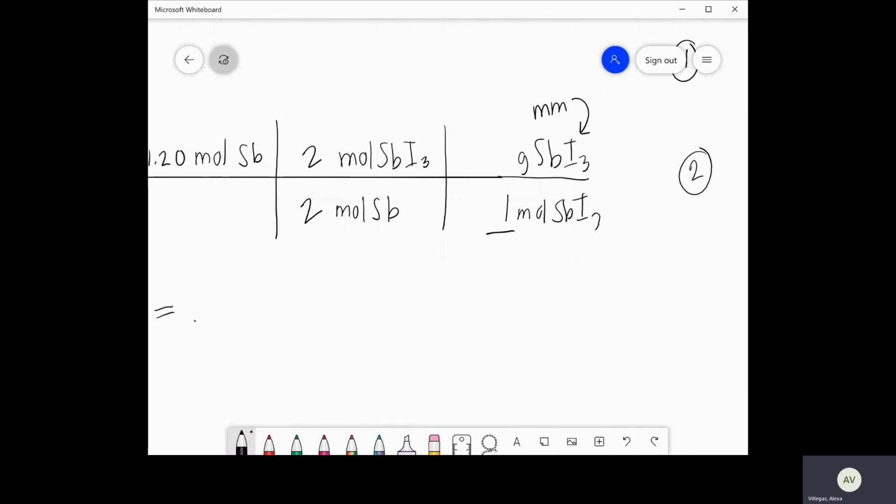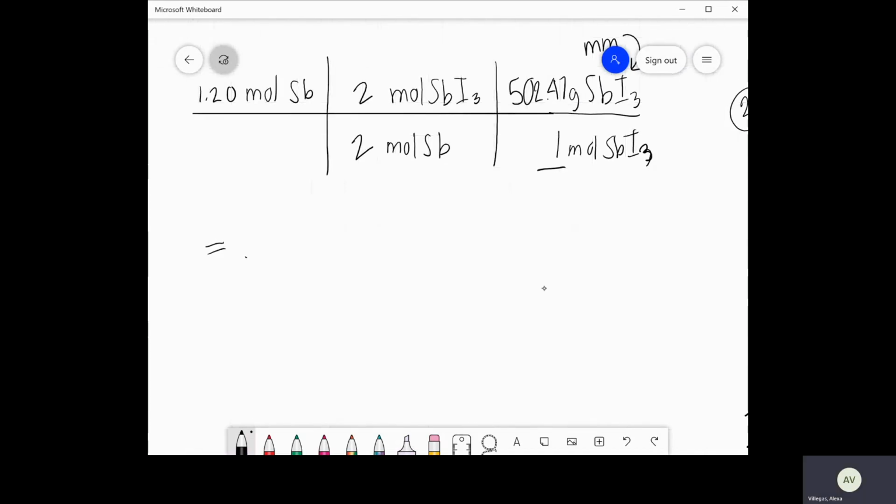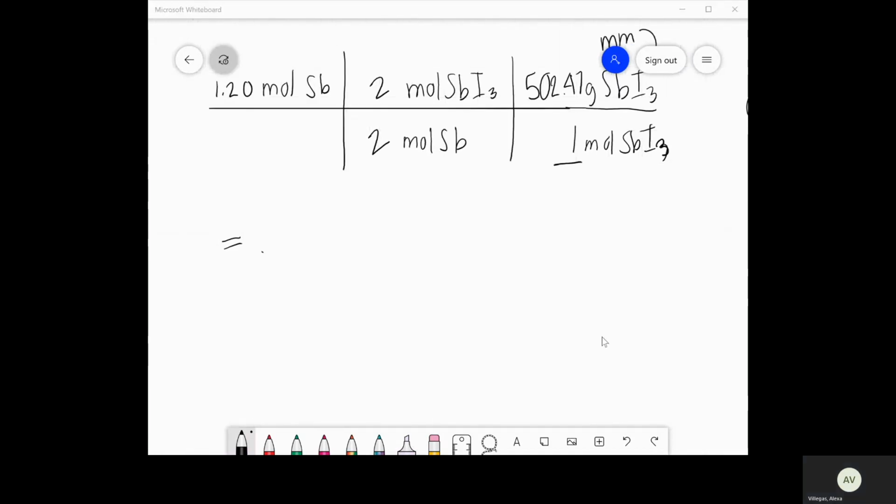So I know that in 1 mole of antimony triiodide, calculating out, I have 502.47 grams. And calculating that out, that gives me 503.67 grams of antimony triiodide.